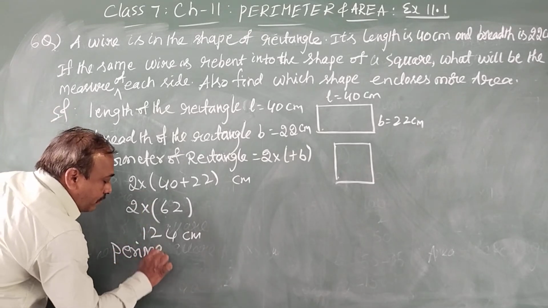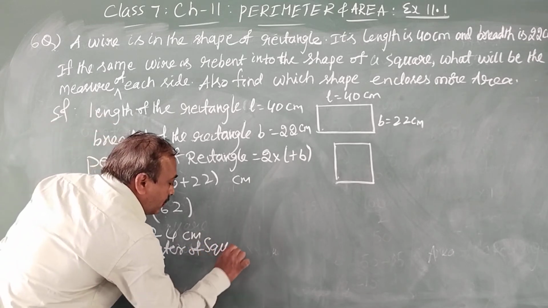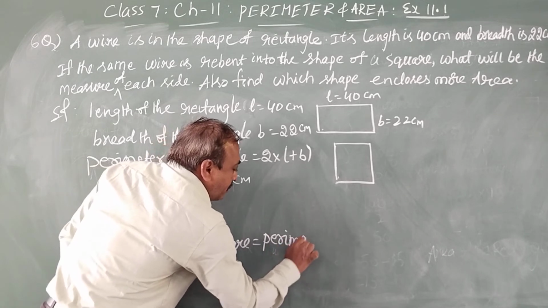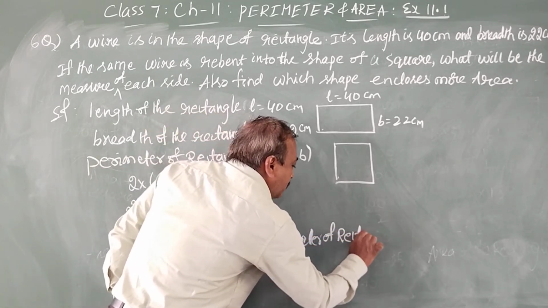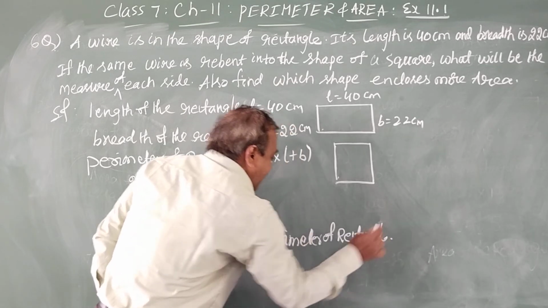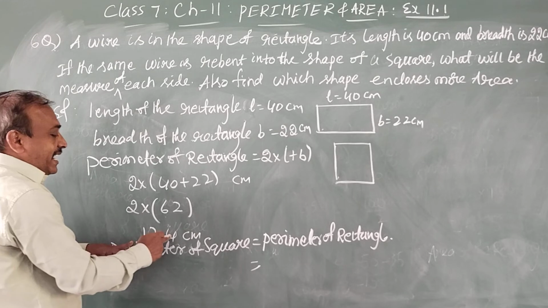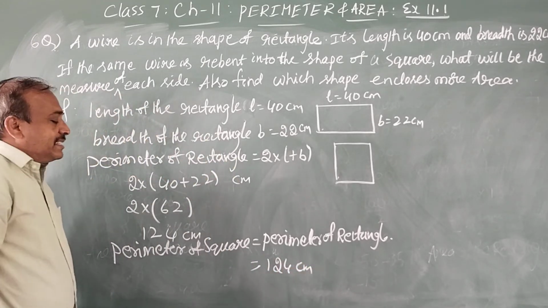Perimeter of square is equal to perimeter of rectangle. So what is the perimeter of the rectangle? That is 124 centimeter.